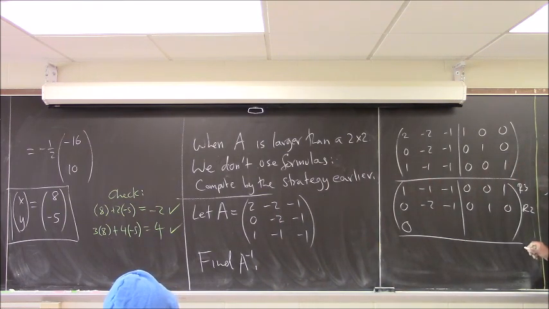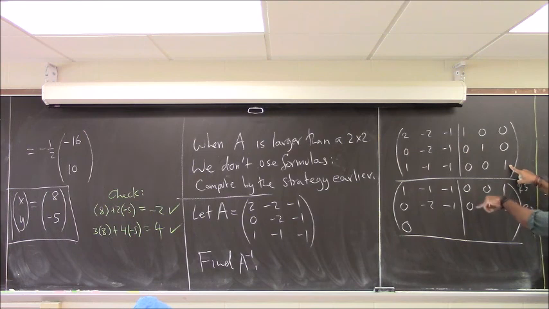Row 3, subtract row 1 times 2. Well, 2 times row 3, subtract row 1. Yeah, so 2 row 3 minus row 1.